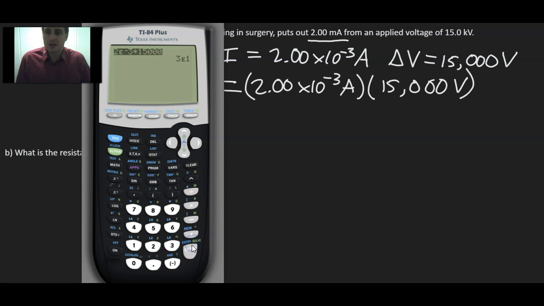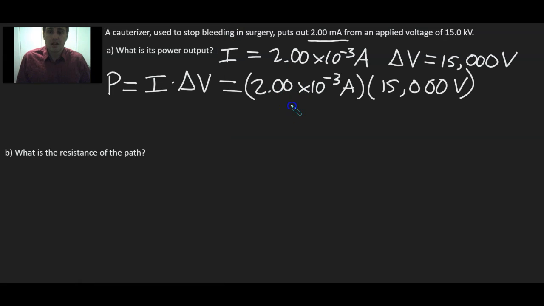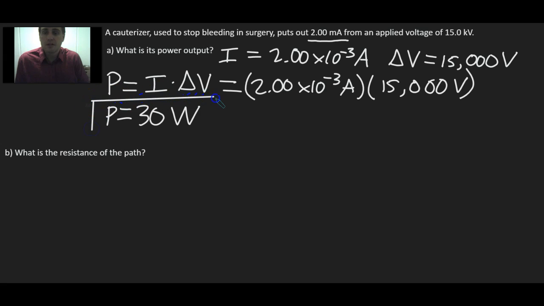So this is exactly 3 times 10 to the first, which is 30. And let's write that down. That's going to be 30. And the units would be watts, because that's the unit of electric power. Notice that's the SI unit for power.